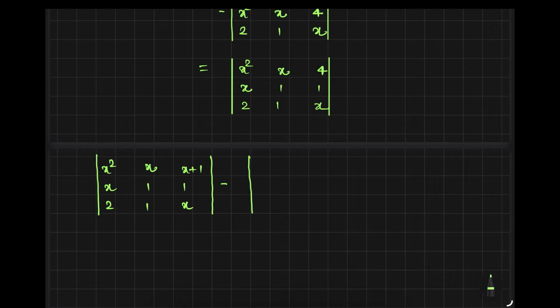Okay, so it is x square, x, 4, x, 2, 1, 1, 1, x, okay, equals 0.